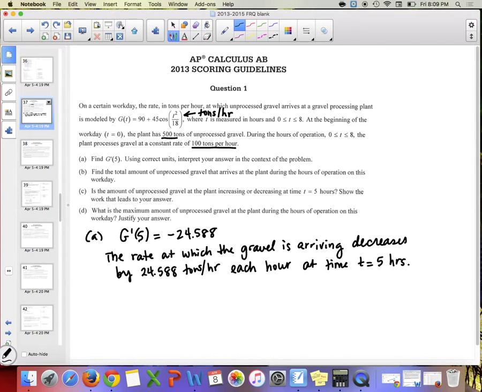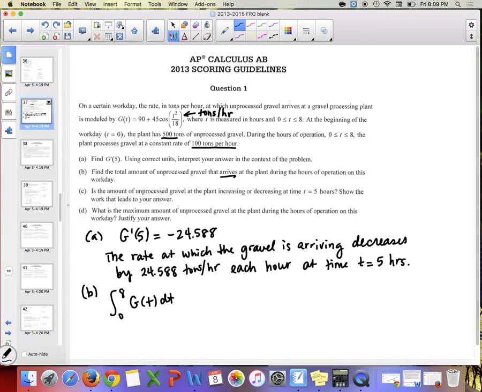All right, part B. It says find the total amount of unprocessed gravel that arrives at the plant during the hours of operation on this workday. If it's arriving at the plant during the hours of operation, that means we're going from time 0 to 8, and we're just talking about what's arriving at the plant. So the arriving is our integral of g of t dt.